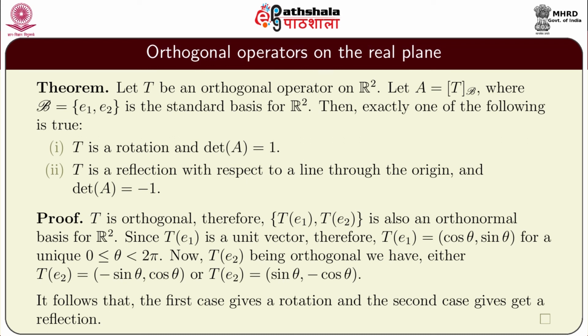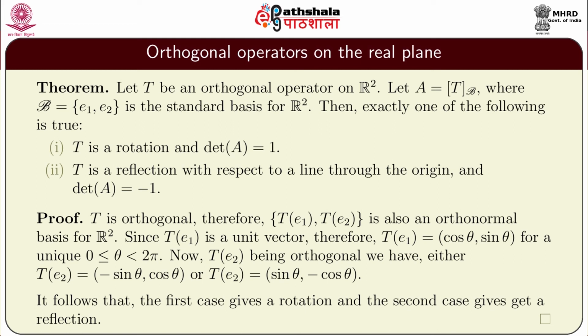Now Te2 being orthogonal to Te1, we have either Te2 is equal to minus sine theta comma cosine theta, or sine theta comma negative of cosine theta.